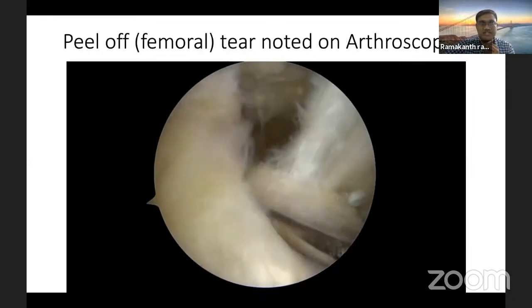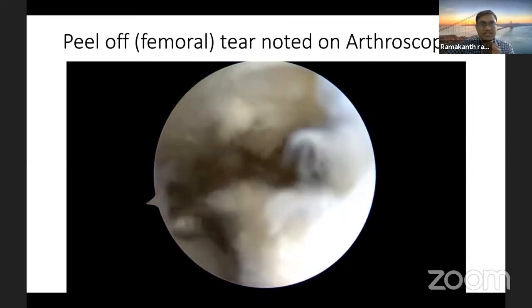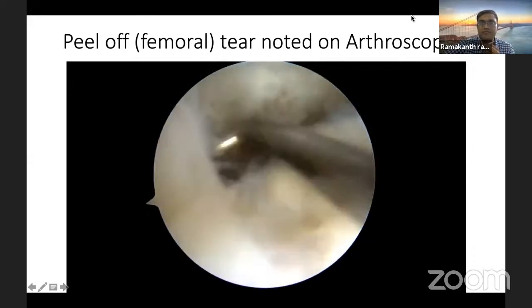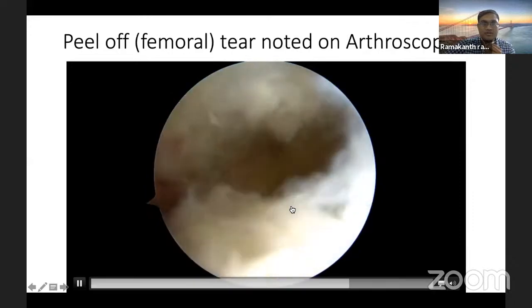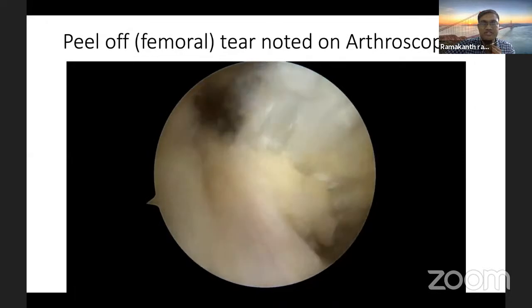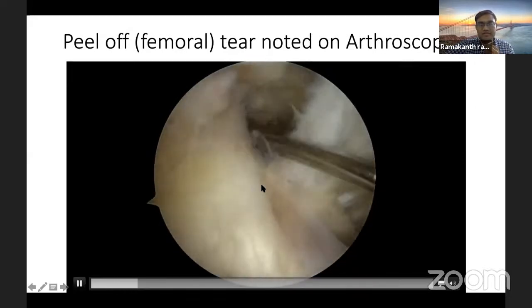Most of the bundle of the ACL was intact. However, the ACL was completely peeled off from the femoral attachment. Only a small amount of remnant was attached to the femoral attachment.